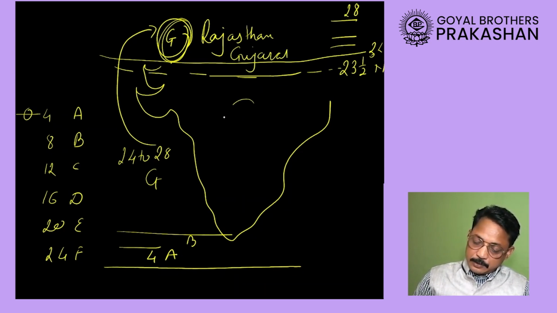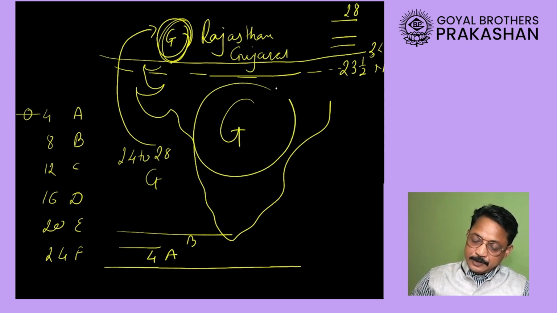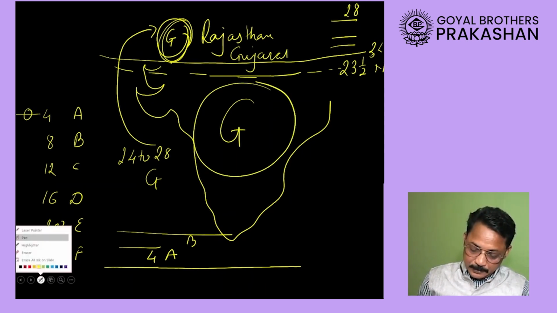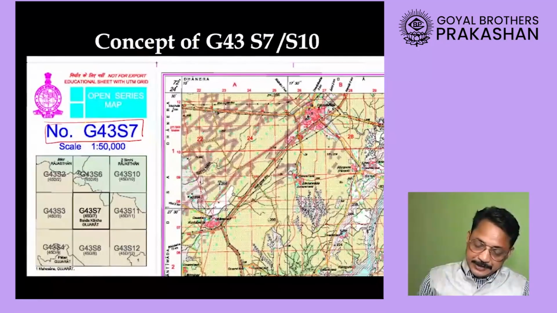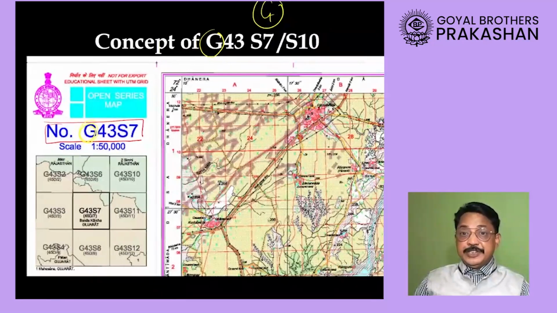So we now got to know from where the letter G has come for a topography sheet. We got to know from where the sheet has got the letter G.